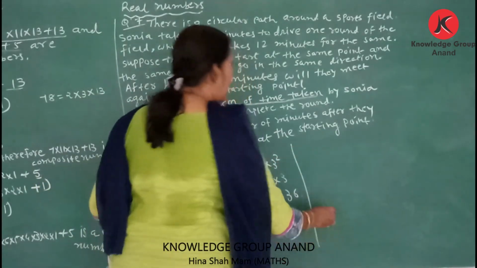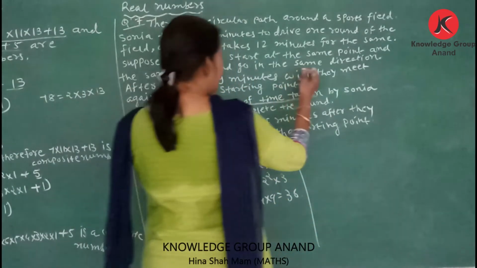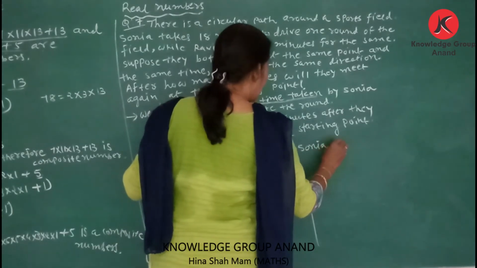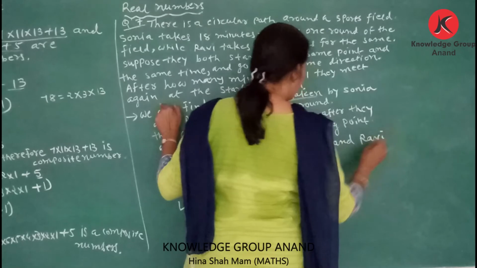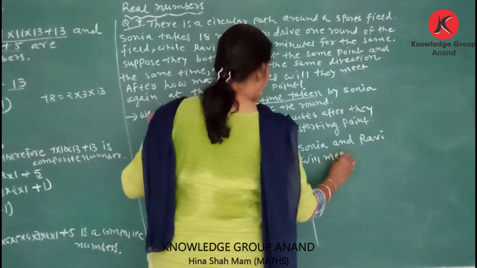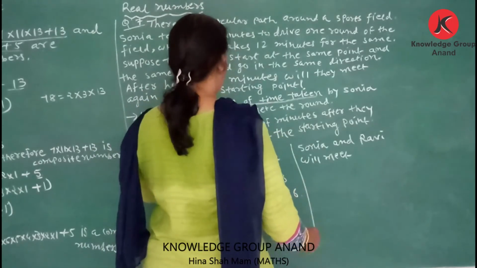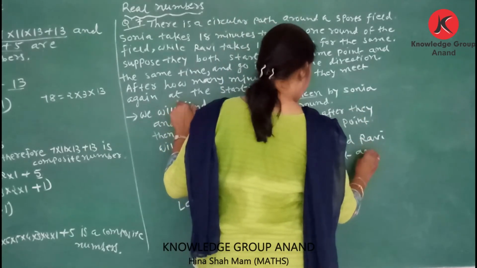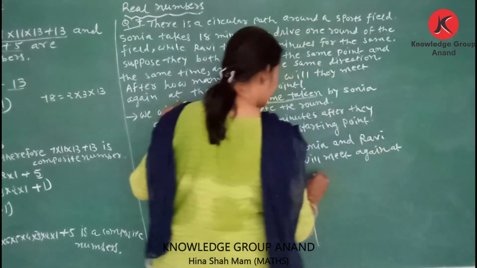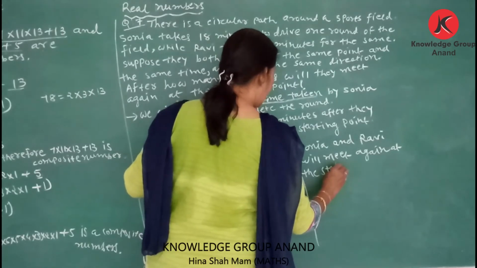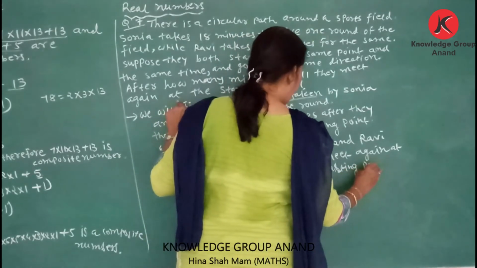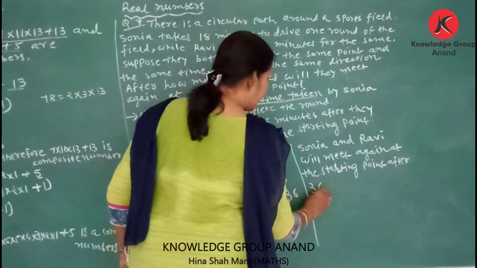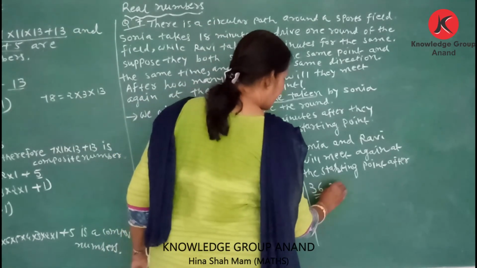We write: after how many minutes will Sonia and Ravi meet again at the starting point? 36 minutes.